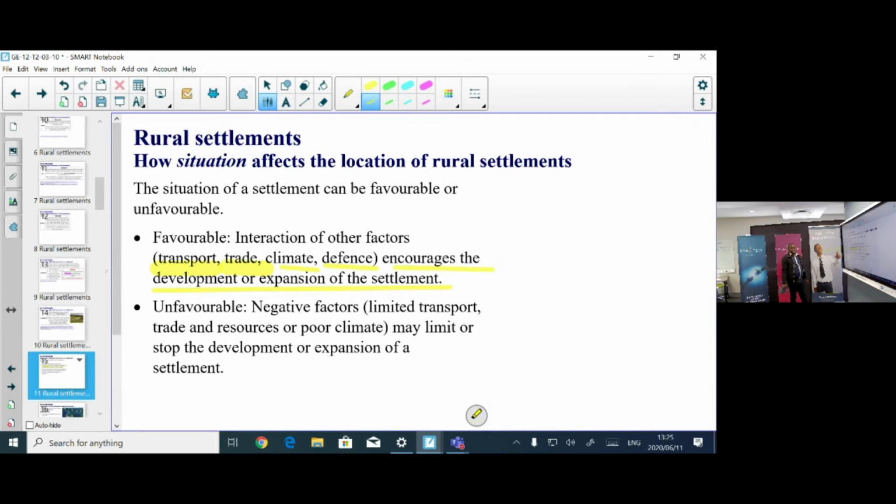When it's unfavorable, there are negative factors. We have limited transport, limited trade and resources, or poor climate, and all these will limit or stop the development or expansion of a settlement.